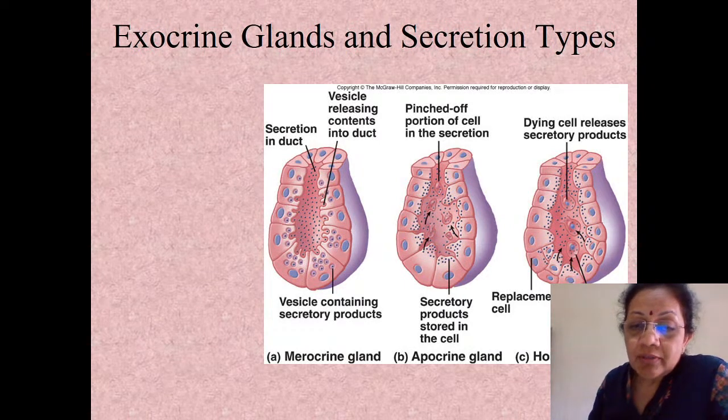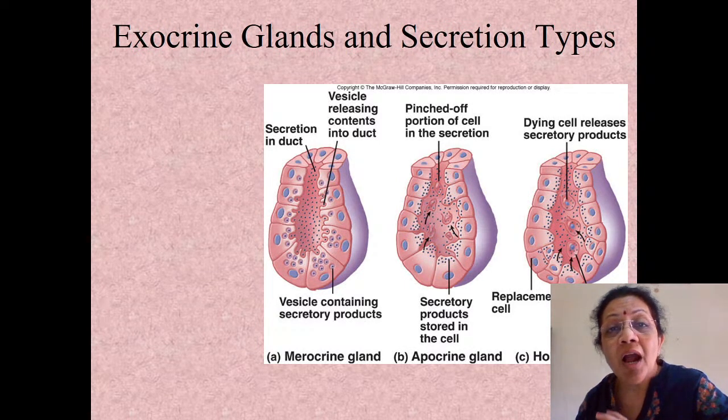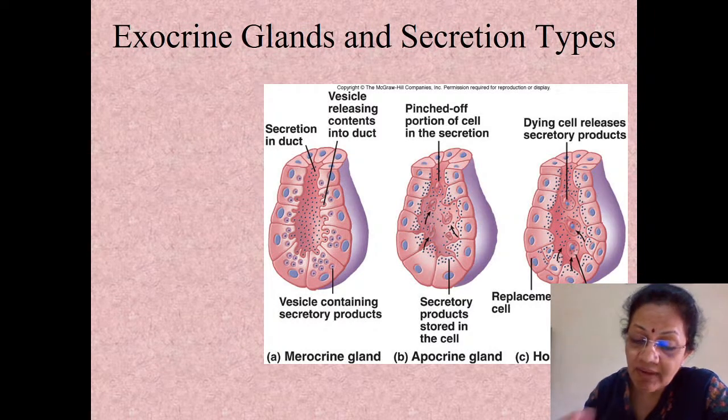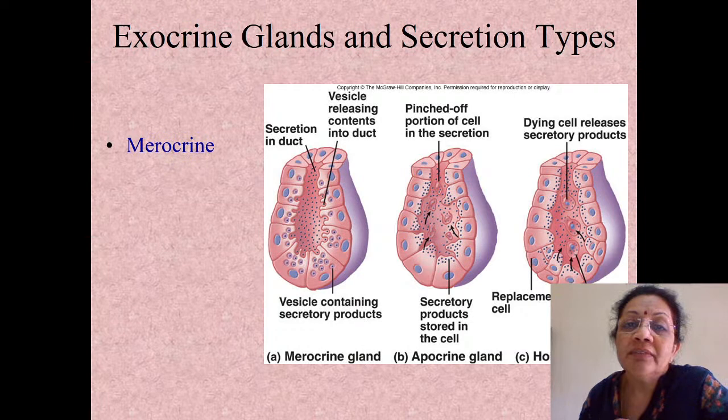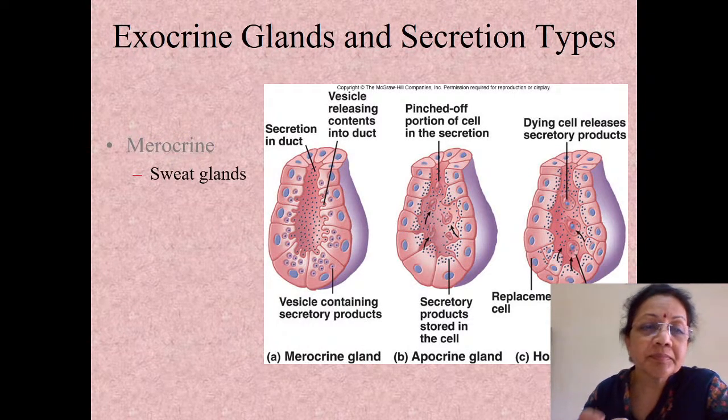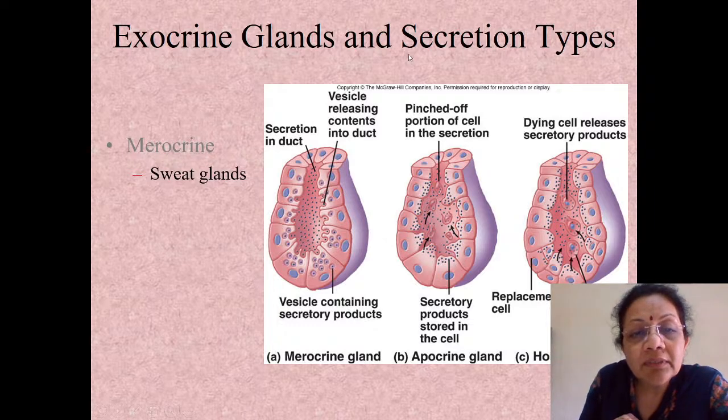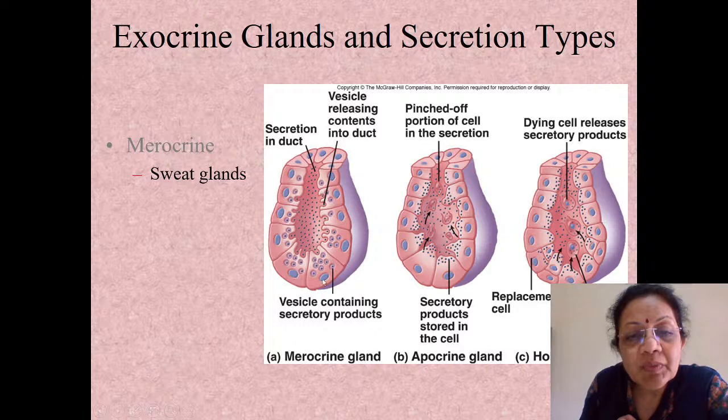As per the secretion, which is what I was telling you before, how each cell does its secretion is one way of dividing the gland. So there is merocrine, which means that you have each cell, each of these is a lining cell of this particular gland, and it is secreting through secretory vesicles, and these vesicles are going to empty the secretions into the lumen, and this is going to get into the duct, and this is all going to get out.